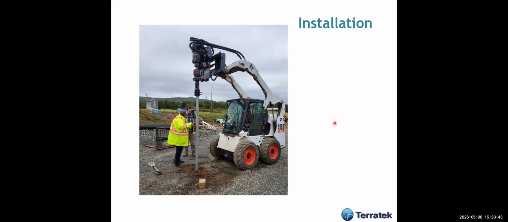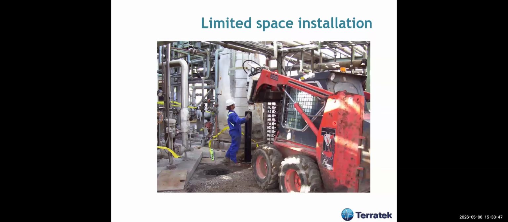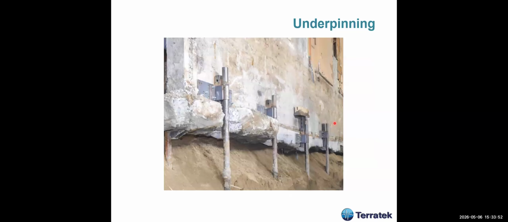This, as you see, is a very small piece of equipment, and can also be used for installation, okay? We can work in very limited space, and it can also be used for underpinning.